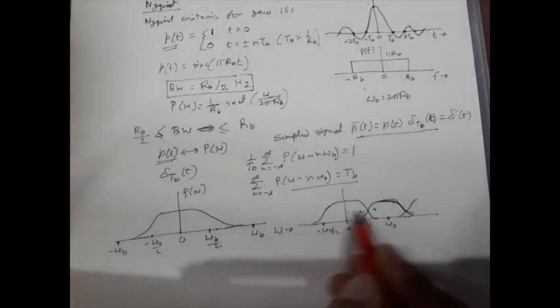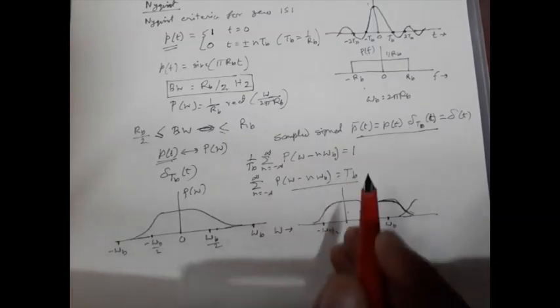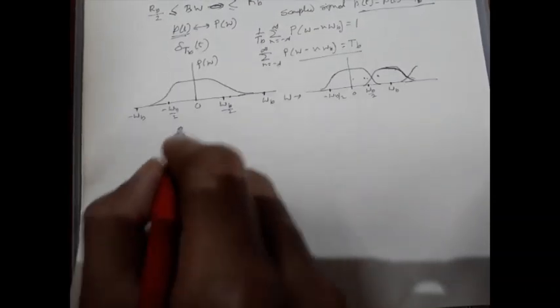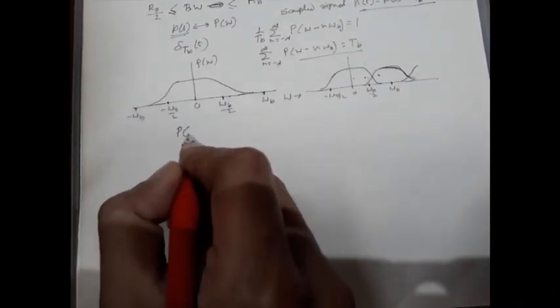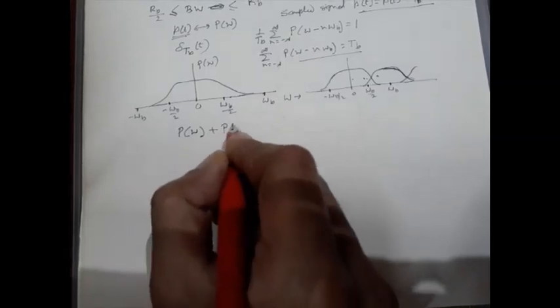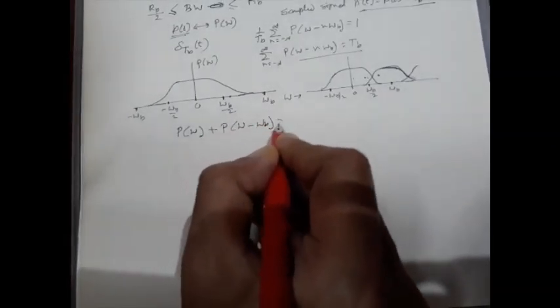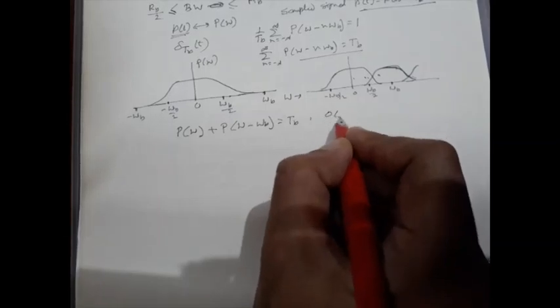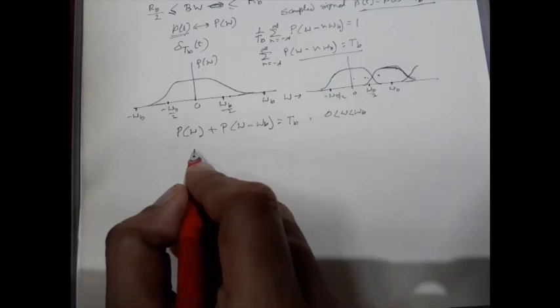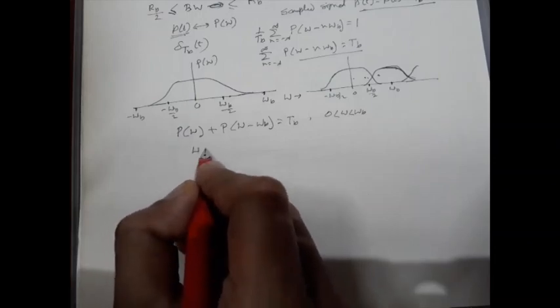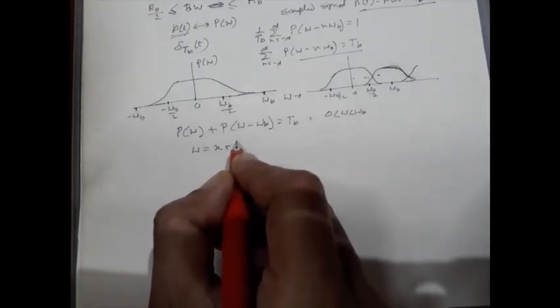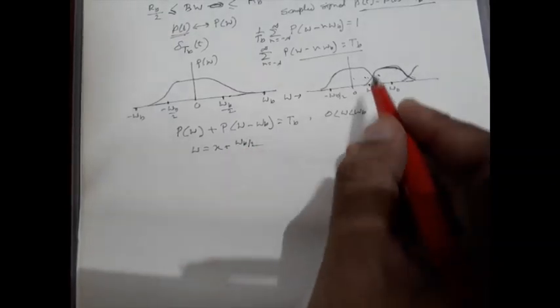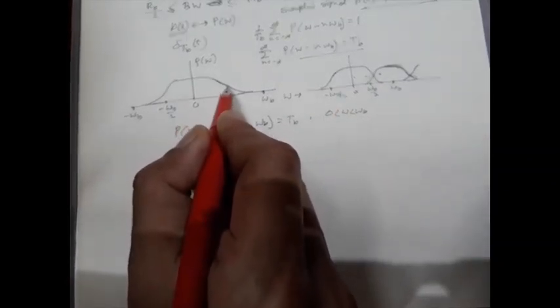So considering this pulse shape, this criteria may be written as P omega plus P omega minus omega b equal to Tb for 0 to omega b. Now let us change this origin, because we are more interested in how it falls here.